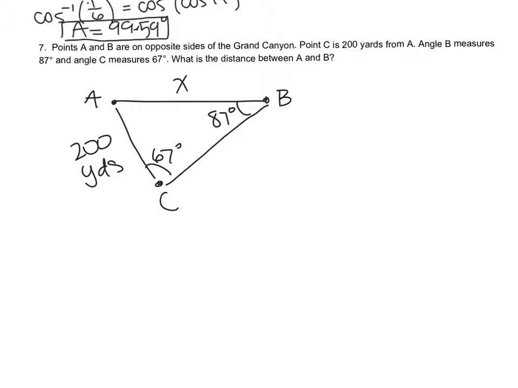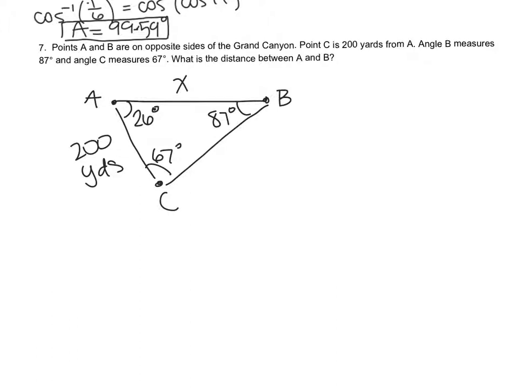So we want to determine if we want to use the law of sines or the law of cosines. So I'm going to go ahead and find angle A just to help decide which one I want to use. So 180 minus 67 minus 87. It's going to give us that angle A is 26 degrees. Okay.